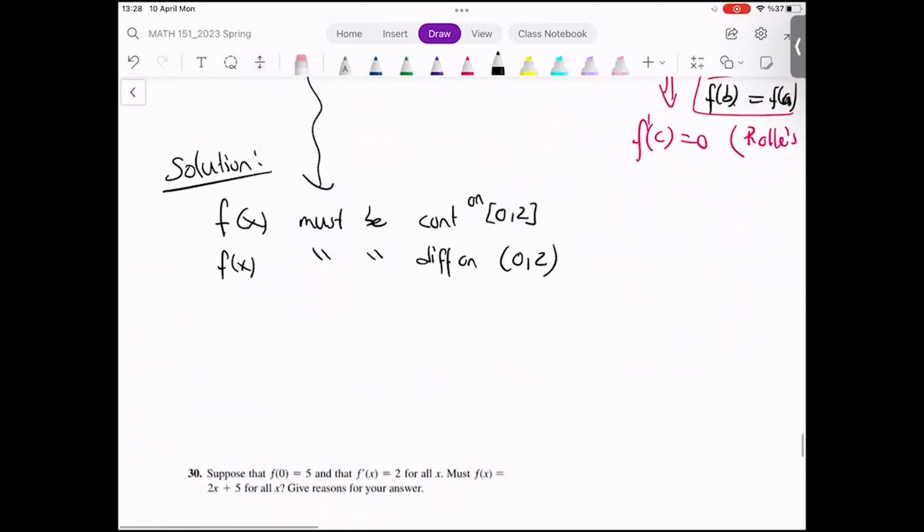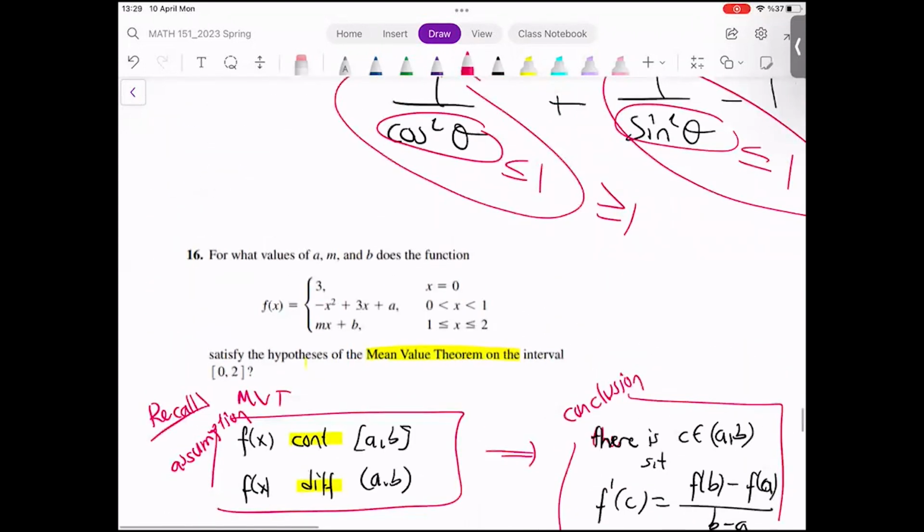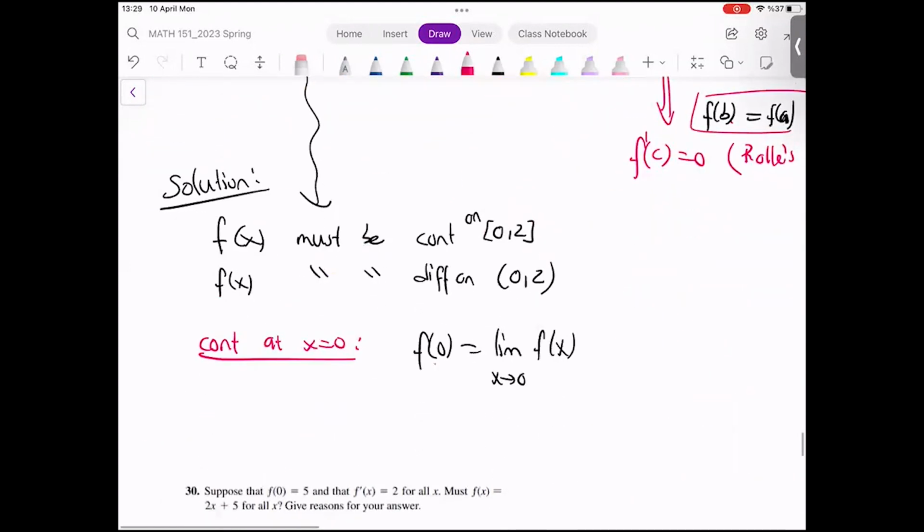Let's check continuity at x equals 0, for example. How do you check that? Remember, f of 0 should be the same as the limit of your function as x goes to 0. Let's see. What is f of 0? It is given as 3, right? f of 0 is 3.